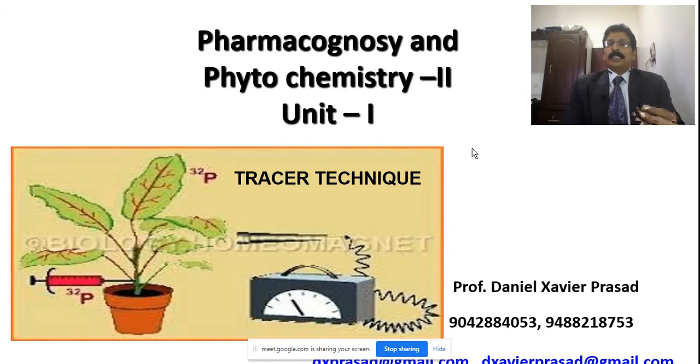And also we have seen how some of these pathways influence each other, with 2 or 3 pathways together they can give rise to phenolic compounds and flavonoids. These all we have discussed in the last 2 classes.